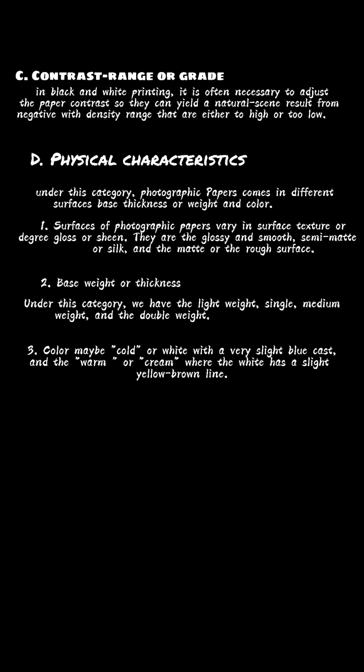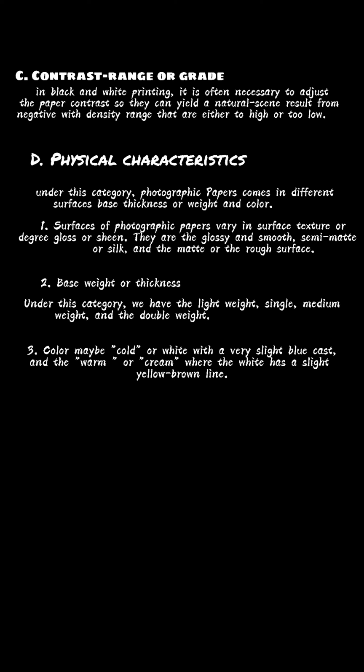Physical characteristics. Under this category, photographic papers come in different surfaces, base, thickness or weight, and color. Number 1. Surfaces of photographic papers vary in surface texture or degrees of gloss or sheen. They are the glossy and smooth, semi-matte or silk, and the matte or rough surface.